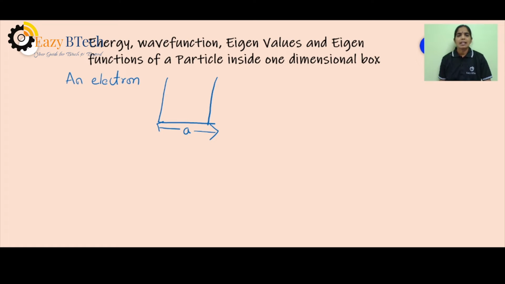When this trapped electron is moving, the potential remains constant. For simple calculations, we are assuming that it is equal to 0. So as long as it is moving within the potential box, that is between the ends 0 to A, its potential is assumed to be 0.